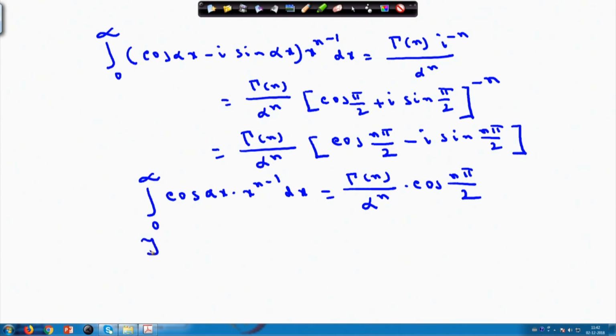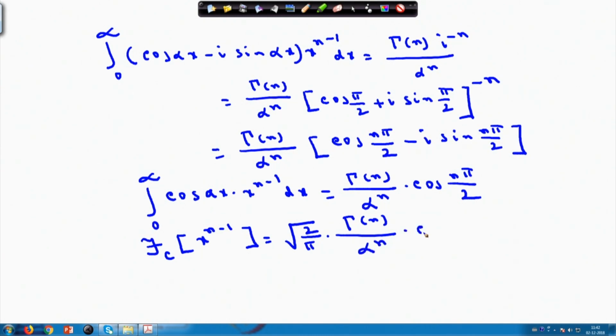So you can write down the Fourier cosine transform of x to the power n minus 1, this is nothing but root over 2 by pi into gamma n by alpha to the power n into cos of n pi by 2. This is the required result.